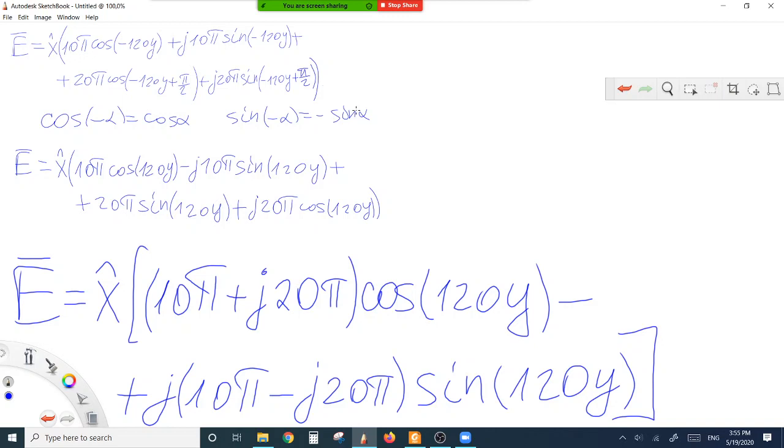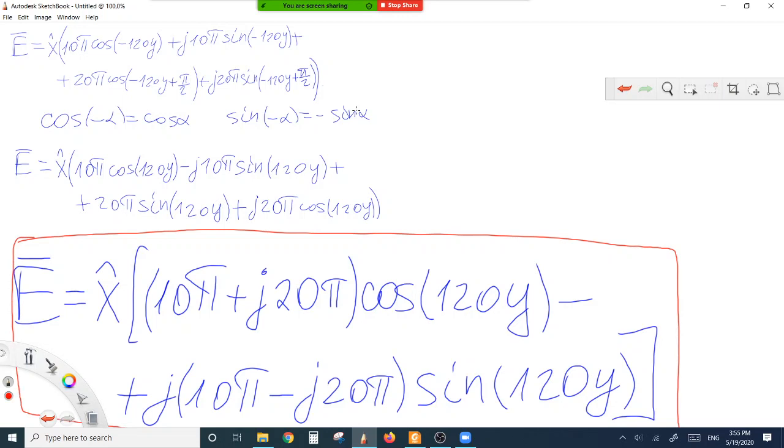We have derived the rectangular representation of the electric field intensity.